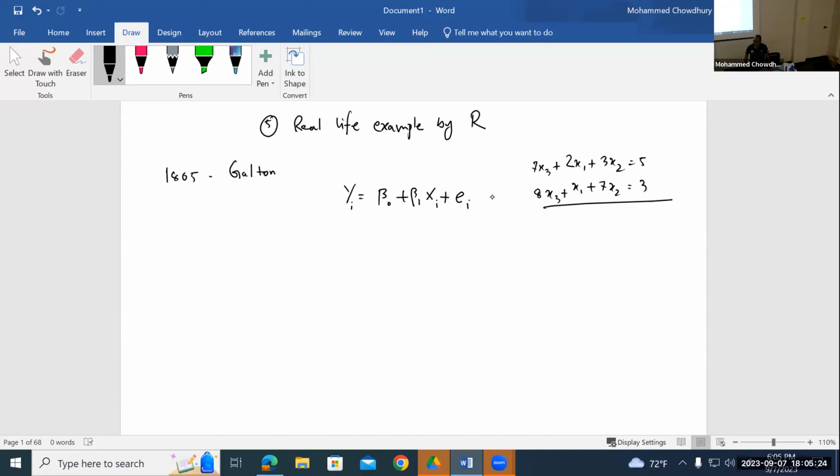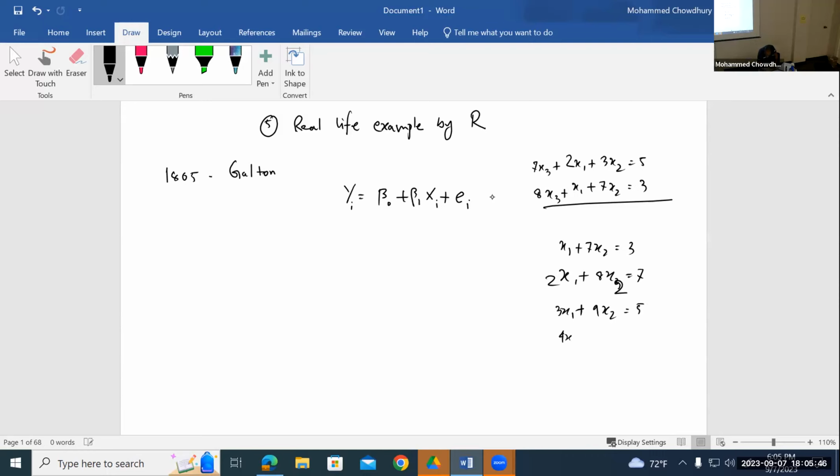You understand this, right? But now suppose you have this type of problem. x1 plus 7x2 equals 3. 2x1 plus 8x3 equals 2. And then 3x1 plus 9x2 equals 5.